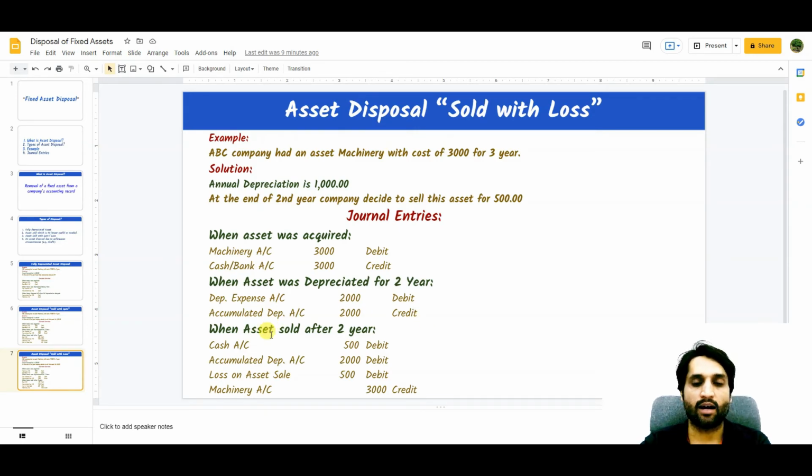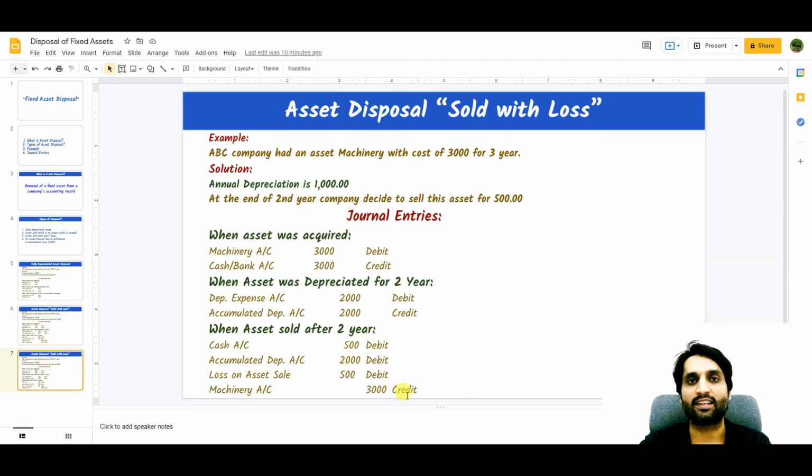Now we are selling our asset after 2 years. The cash received from the client is 500. Accumulated depreciation we make 2,000 debit. The loss on the asset is 500, because 3,000 minus 2,000 depreciation leaves a book value of 1,000, and we are selling our asset for 500. So the machinery will be credited with 3,000 and the loss is 500. Now 2,000, 500 and 500 make 3,000 debit and 3,000 credit.